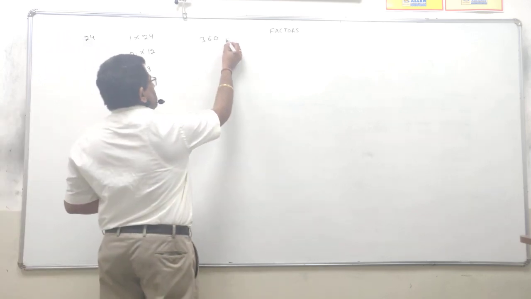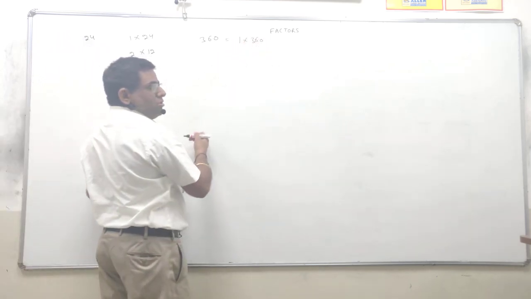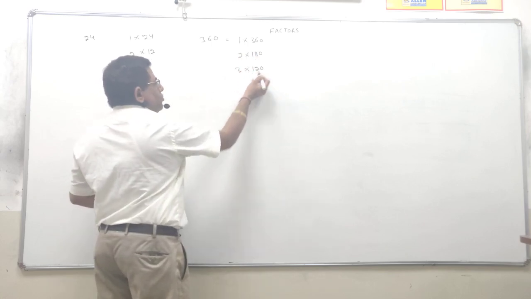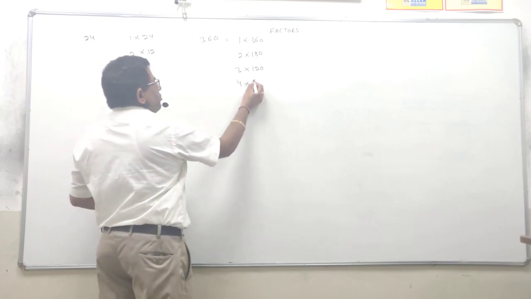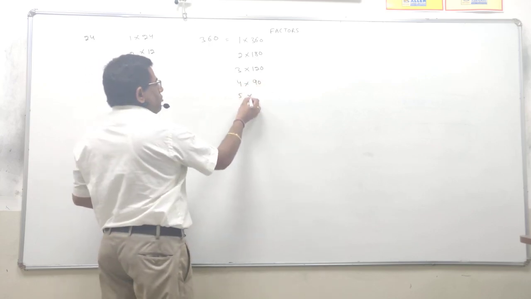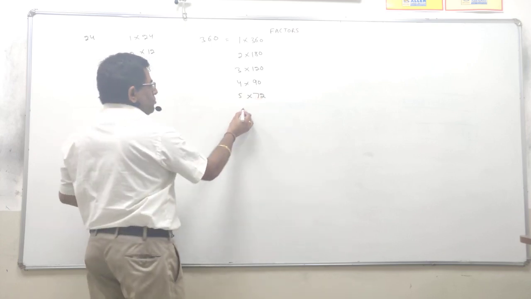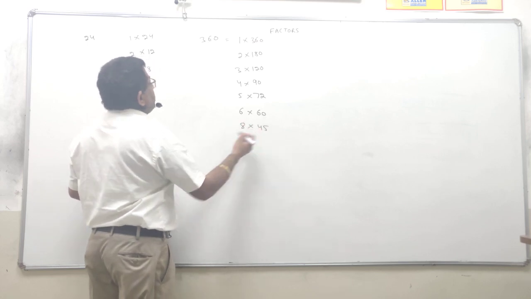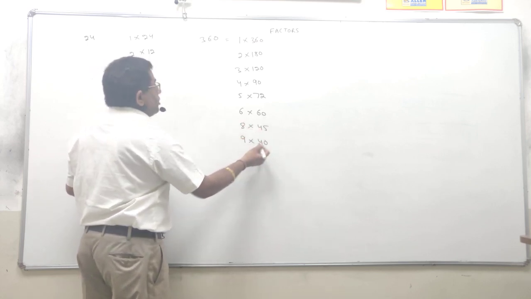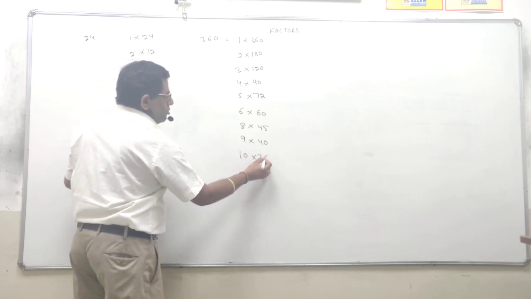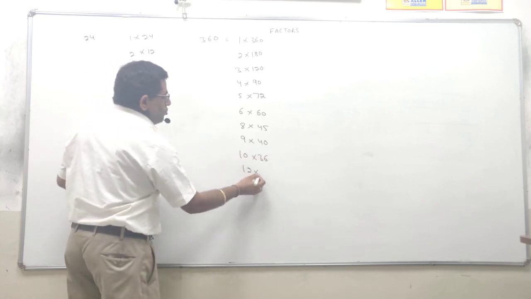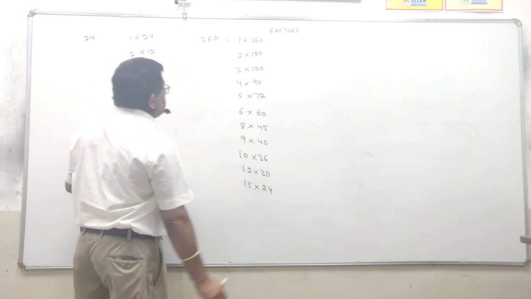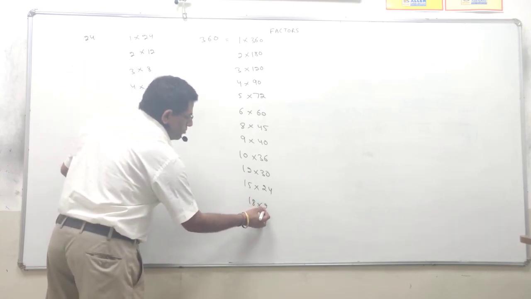The factors of 360 can be written as 1 into 360, 2 into 180, 3 into 120, 4 into 90, 5 into 72, 6 into 60, 8 into 45, 9 into 40, 10 into 36, 12 into 30, 15 into 24, 18 into 20.